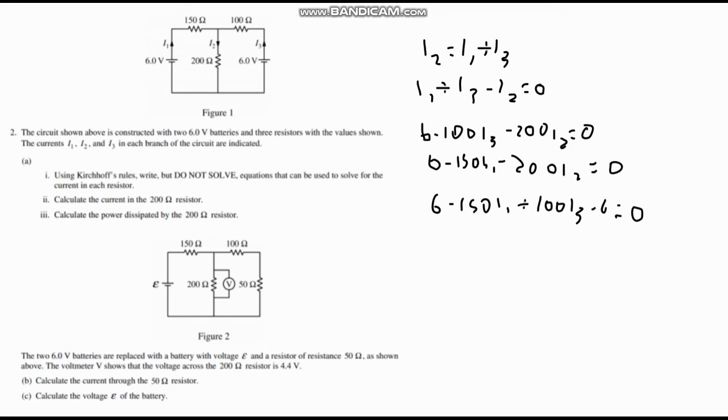So now calculate the current in the 200 ohm resistor. So all we have to do is solve the system of equations for the first two. So we just have to rewrite them and solve. So we get 6 equals 150 I1 plus 200 times I1 plus I3.